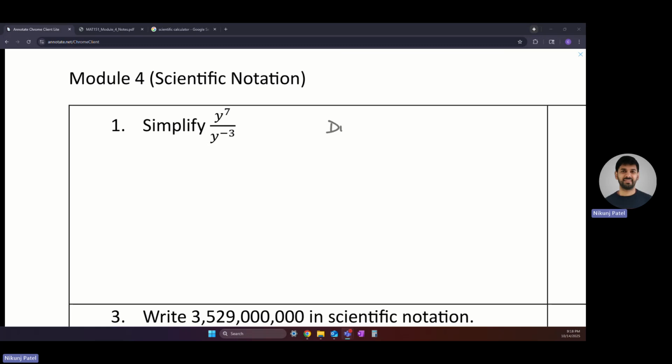One of the rules was whenever you have division, that tells us to subtract the exponents. This can be done when your base, meaning whatever isn't the exponent, is the same. Since both of these have the same base y, we're going to subtract the exponents.